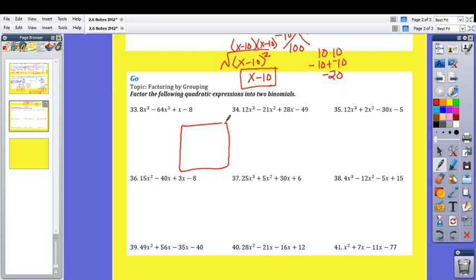So if we just do 8x cubed and then 64x squared and then x take away 8, okay, hold on, I don't think we can do it this way.